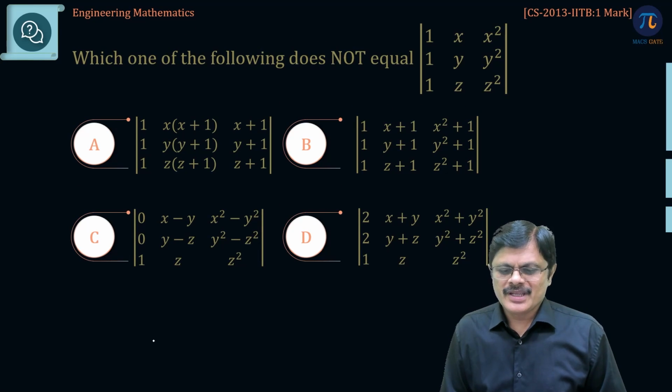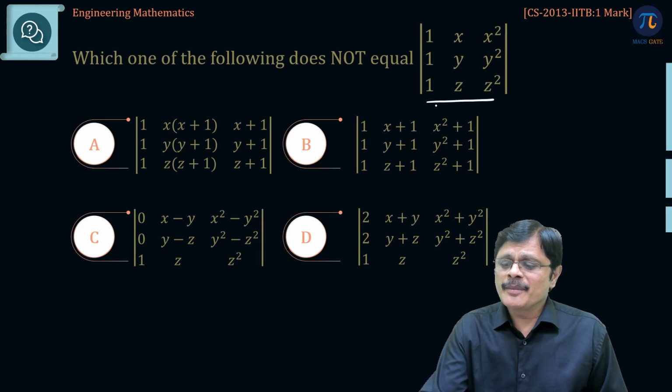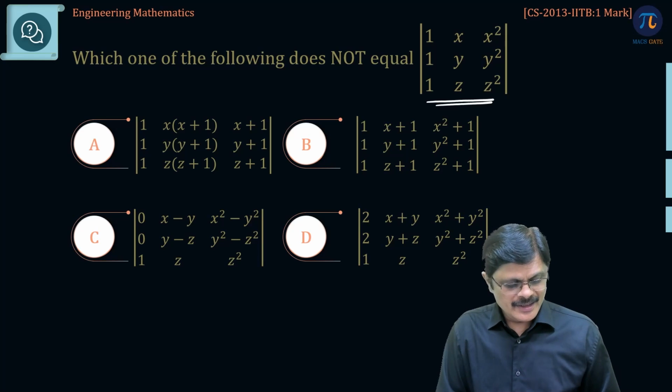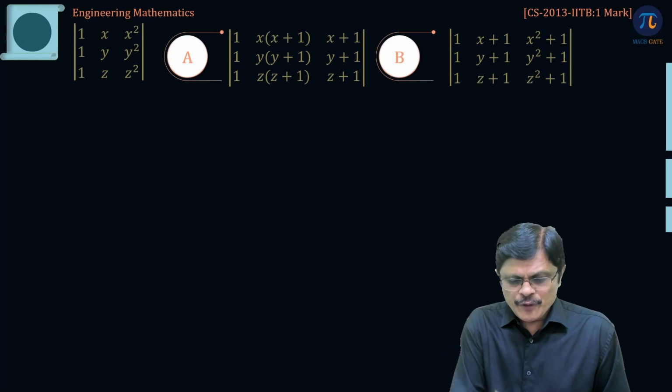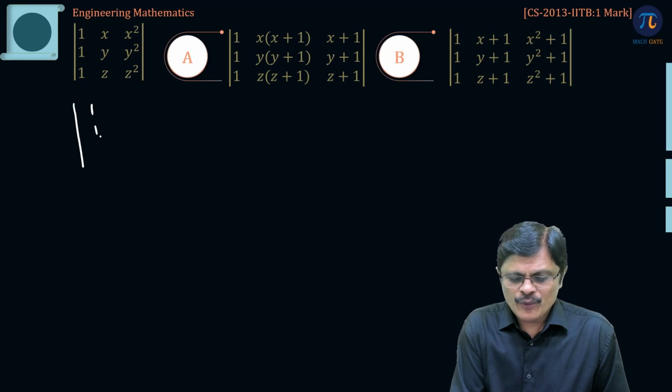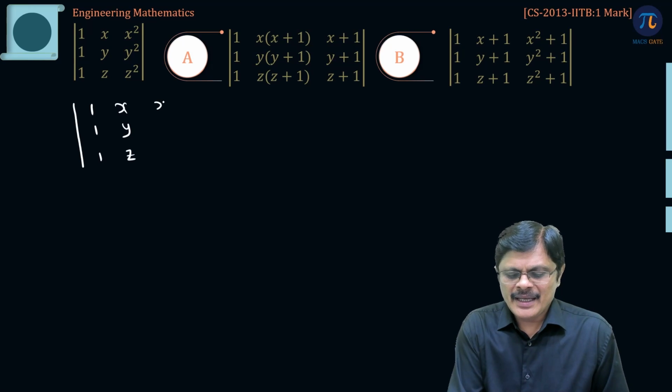Next question. Which of the following does not equal the determinant of this matrix? There are 4 options. Dear friends, if you consider your original matrix, it mainly depends on observation: 1, 1, 1, x, y, z, x square, y square, z square.